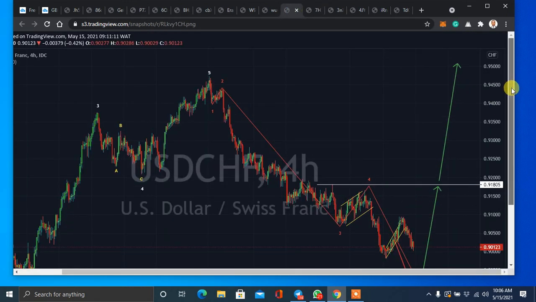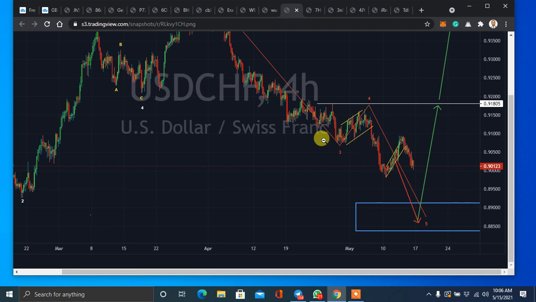USD CHF. This time around, USD JPY and USD CHF are going opposite ways, but I can't help it. Formerly they went the same direction at the same time, but now they go different ways. USD CHF shows the price is still coming down, but USD JPY is going up. So what are we expecting? I expect USD CHF to come into the blue box.